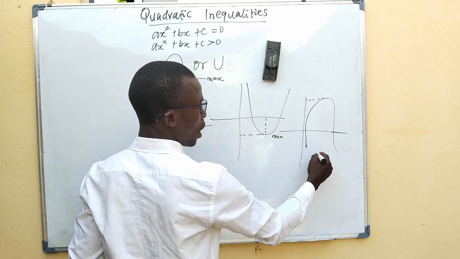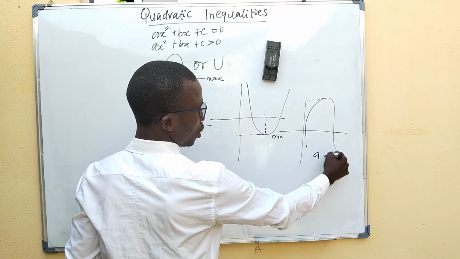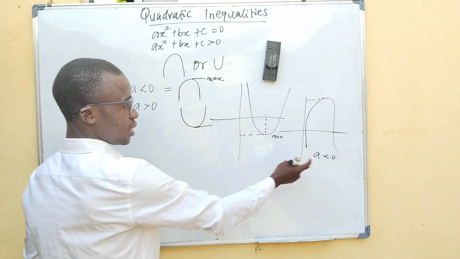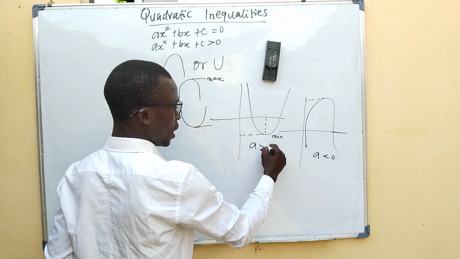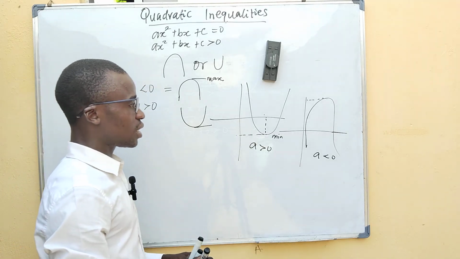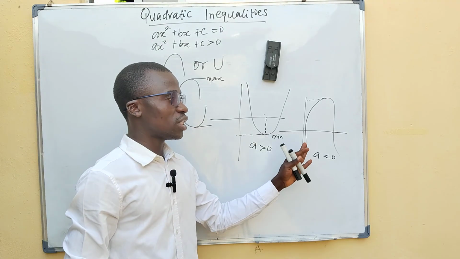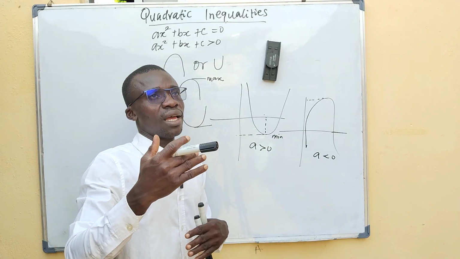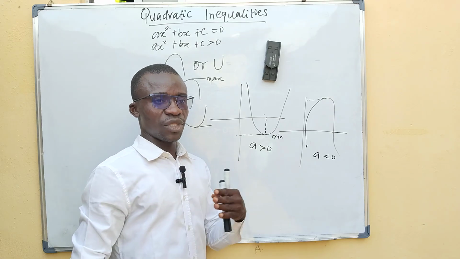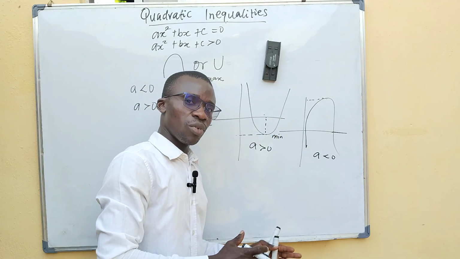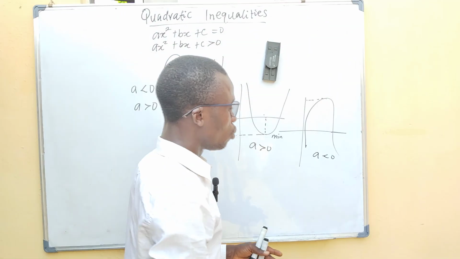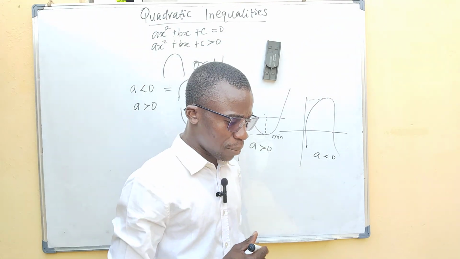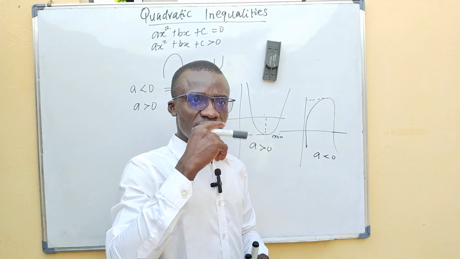And this one is when A is less than 0, while here A is greater than 0. So this is the condition to determine if your shape will be N shape or U shape. I think it is very, very important we take note of this.